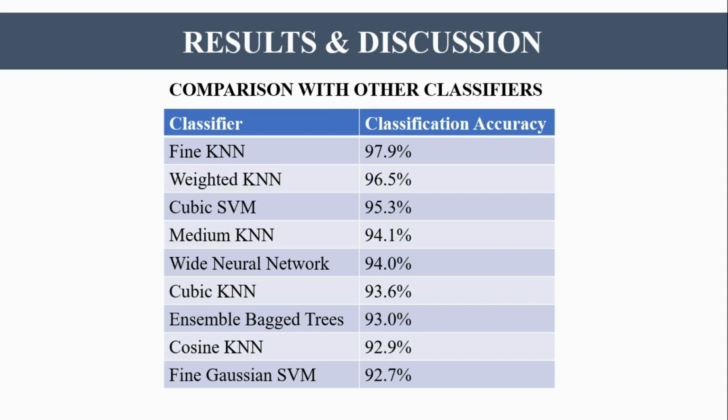However, SVM focuses on global optimization. And neural networks might have faced difficulty in obtaining those localized patterns from the PQRST complex, which fine k-nearest neighbor has achieved successfully.